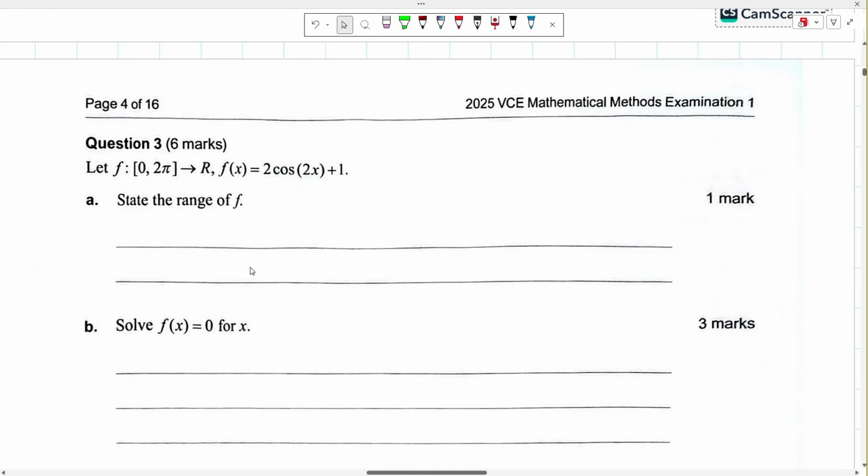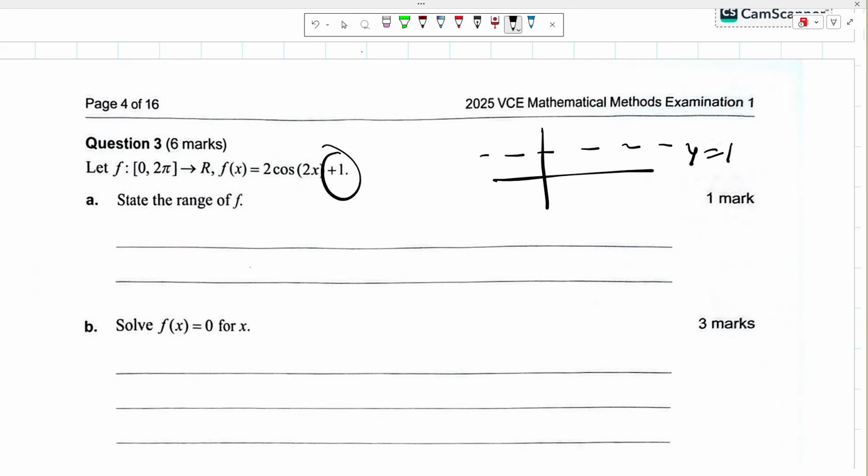Okay, let f with a domain of 0 to 2 pi have a rule of 2 cos of 2x plus 1, so that's f of x. State the range of f of x. Now I want you guys to think back. This number right here represents the middle line for the function, and then the amplitude tells us how much above or below the midline it goes.